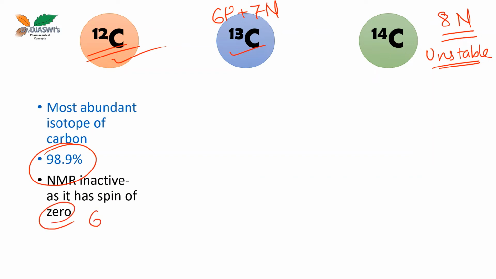This we have already seen in the earlier videos. 6 protons and 6 neutrons, which are paired against each other. So overall there is no spin, 0 spin, and thus 12C is NMR inactive, and thus we cannot study 12C using NMR spectroscopy.